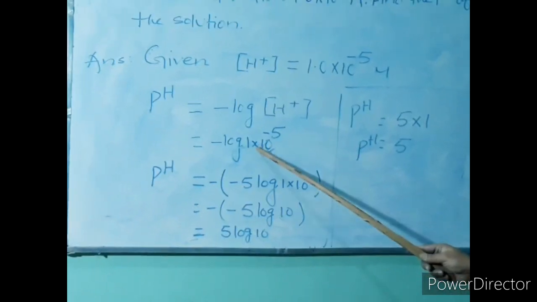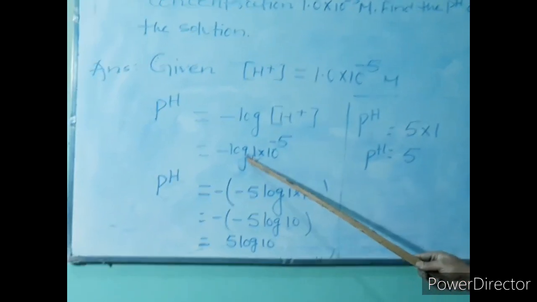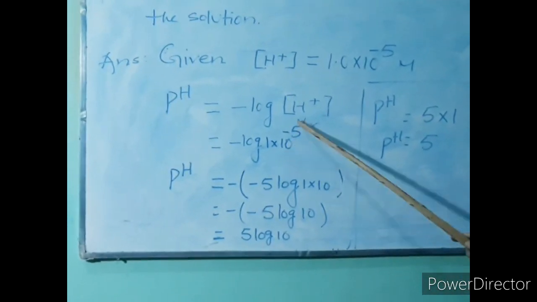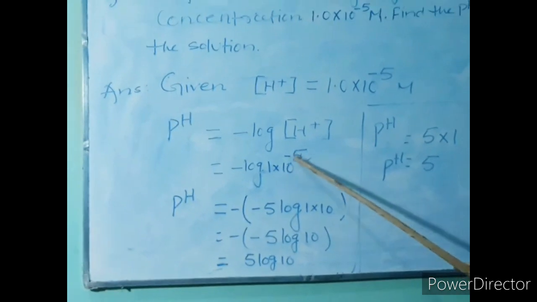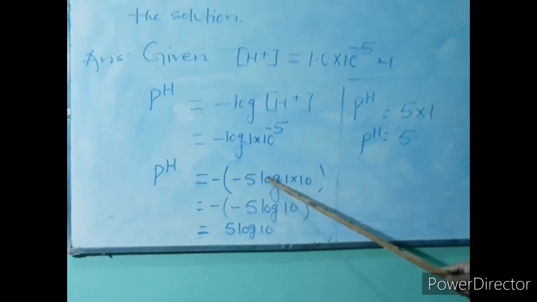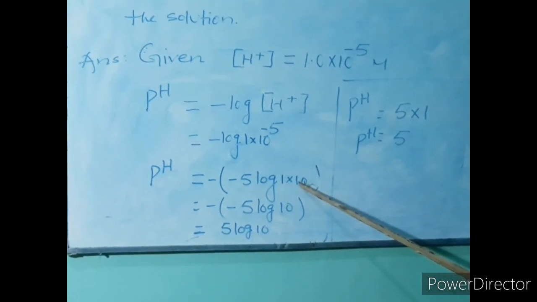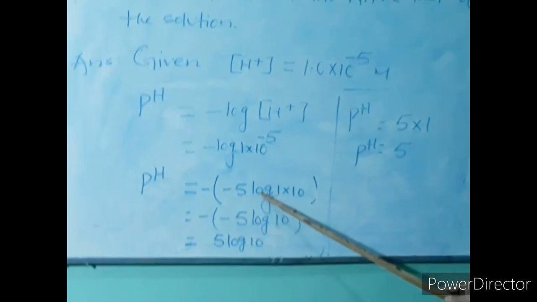Now log m to the power n. Just now we have discussed log m to the power n equals n log m.